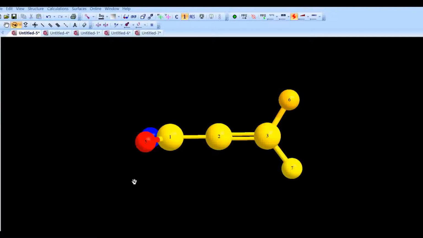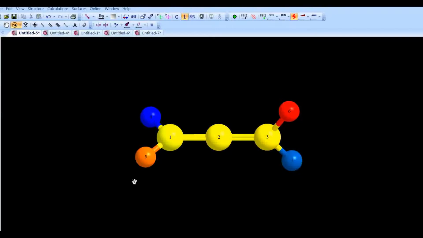But if I rotate it around an axis which is not exactly perpendicular to the plane but slightly twisted like this, I am giving an angle to the molecule, but you consider that I am giving that much angle to the axis, this much.